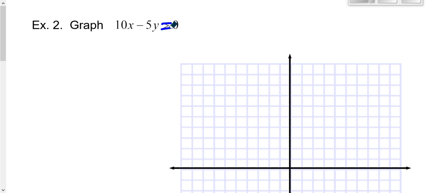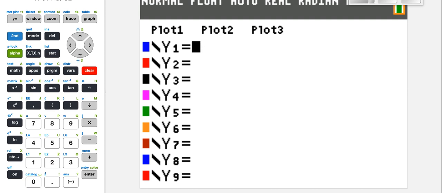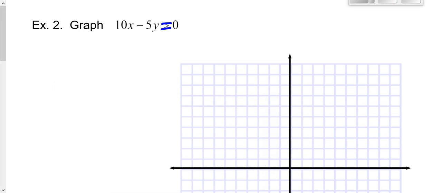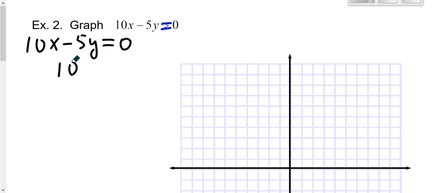So once again, we are trying to isolate y, express y in terms of other variables, because our graphing calculator can only do y here, right? So we have 10x minus 5y equals 0, and then 10x, so you add 5y to each side, equals 5y, and then divide both sides by 5.